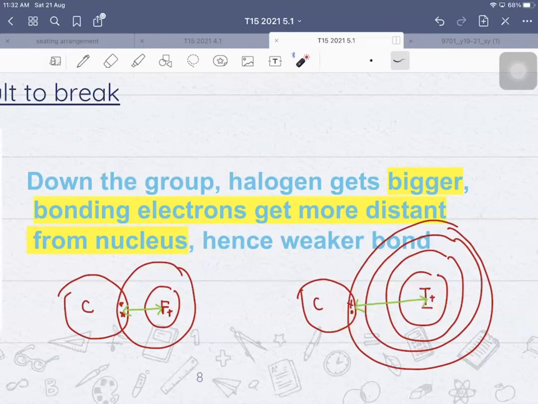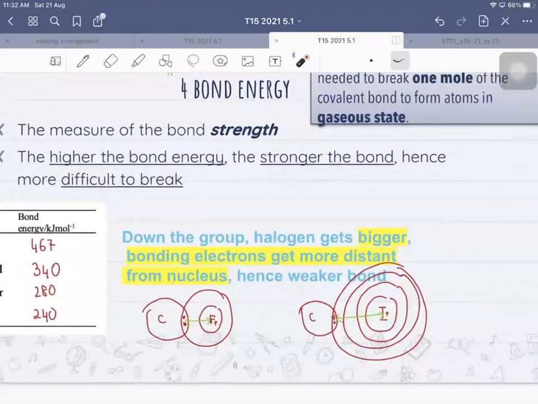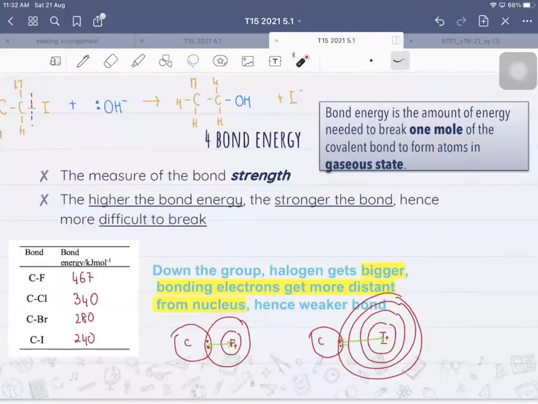So you can imagine the closer the distance is, the stronger the attraction. The further the distance is, the weaker the attraction. So that explains why, as you go down, carbon iodine is weakest compared to carbon fluorine.